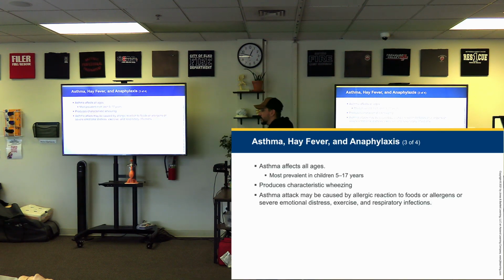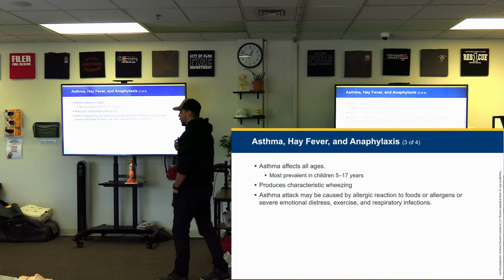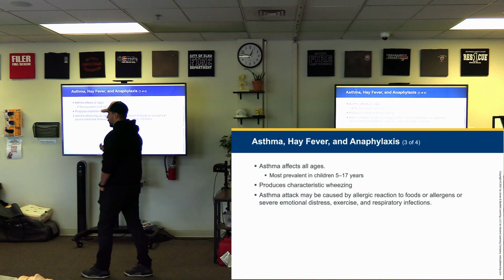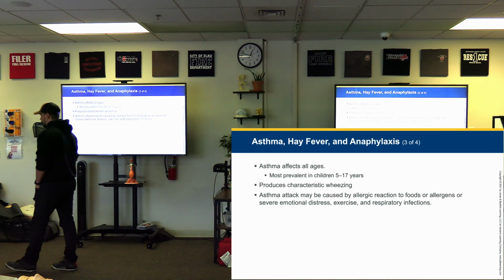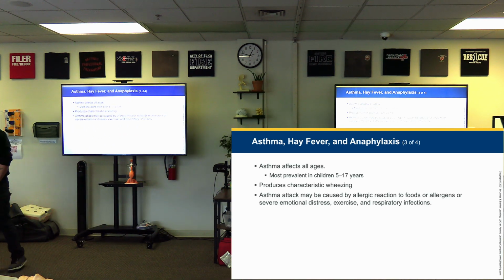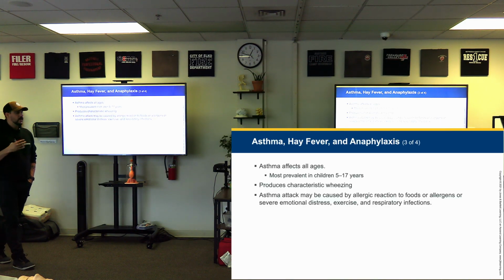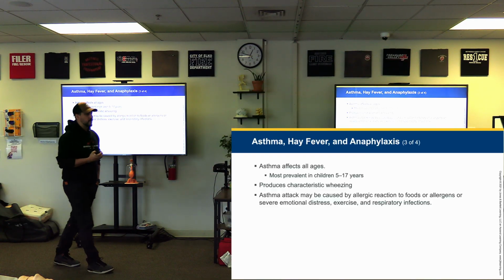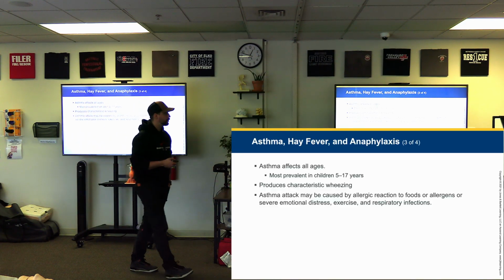There's exercise-induced asthma. People start running and working too hard, and then they start to have the wheezing, things start to tighten up because they're breathing so hard. And the last one, respiratory infections. If they have a pre-existing condition like asthma, a respiratory infection is just not gonna make it better.